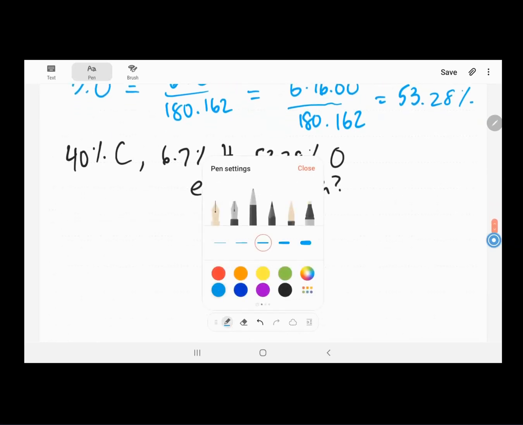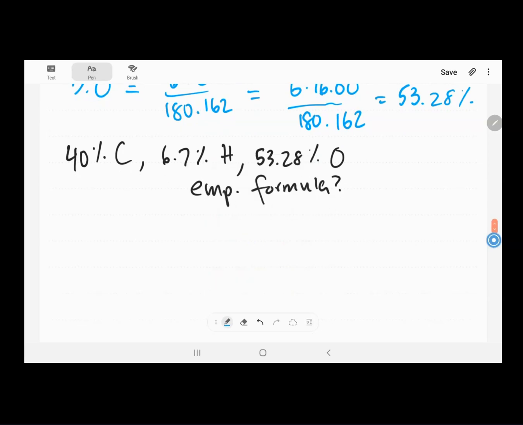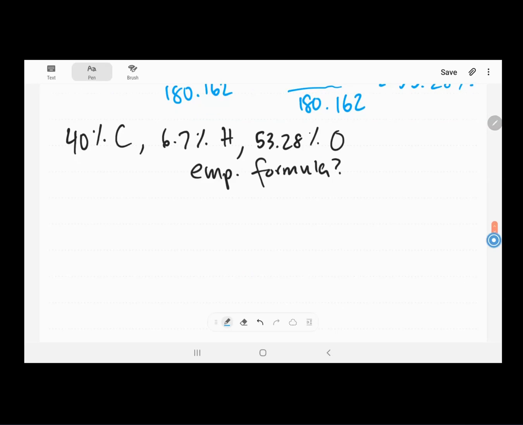I want you guys to go ahead and try this out for a minute or two. Remember, if you're given percents, what are we going to do to those? Exactly. We are going to ignore the percents and pretend those are grams instead. So just in case we've forgotten with empirical formula, we are going to want to convert these all into moles and divide by the smallest number of moles.